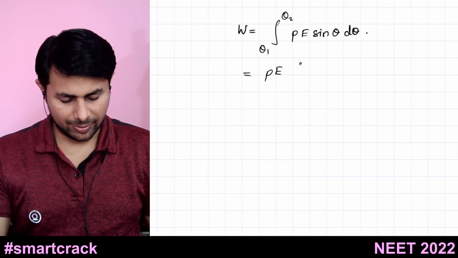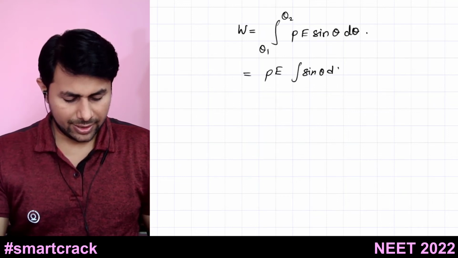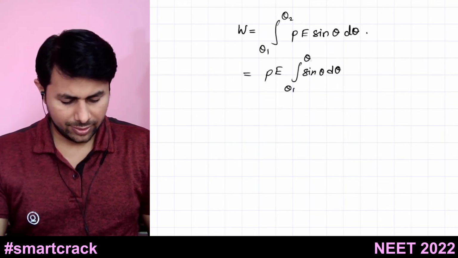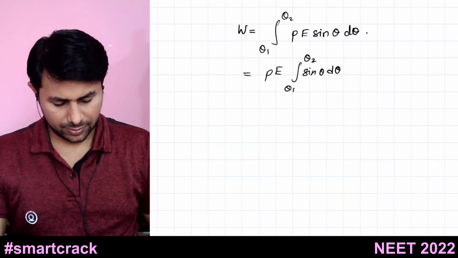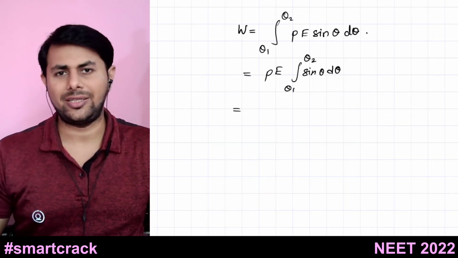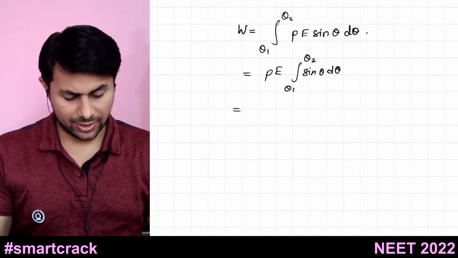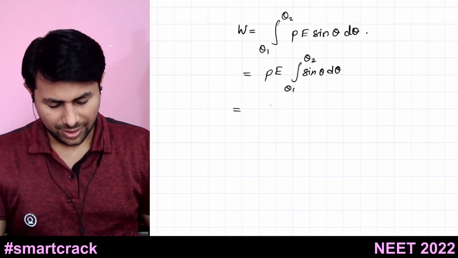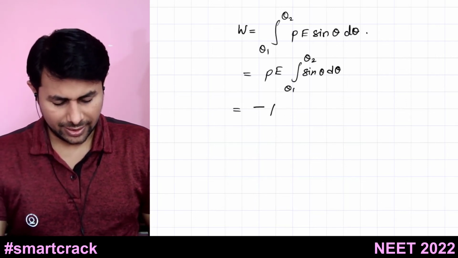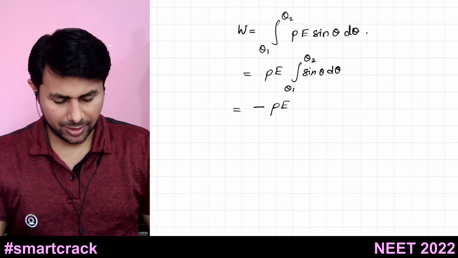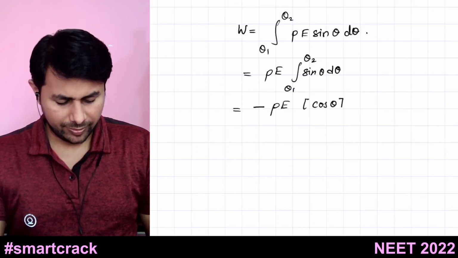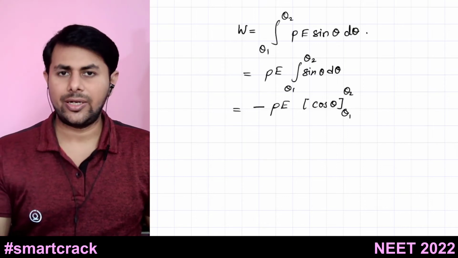Pe multiplied by the integral of sine theta d theta from theta 1 to theta 2, and the integral of sine theta is, sorry, minus cos theta. So I will take the minus outside: minus Pe into cos theta from theta 1 to theta 2.